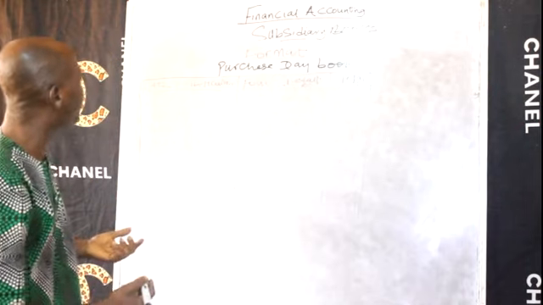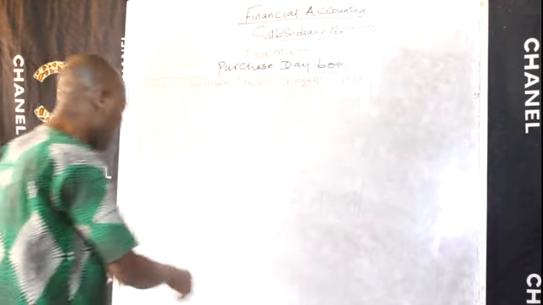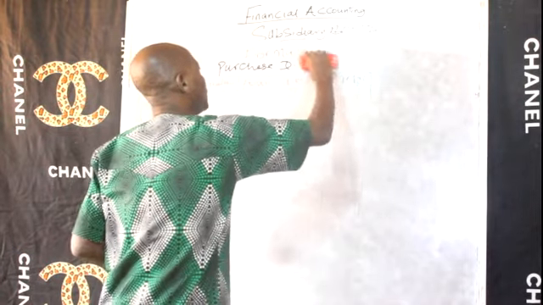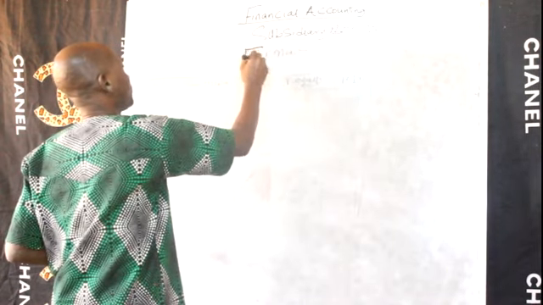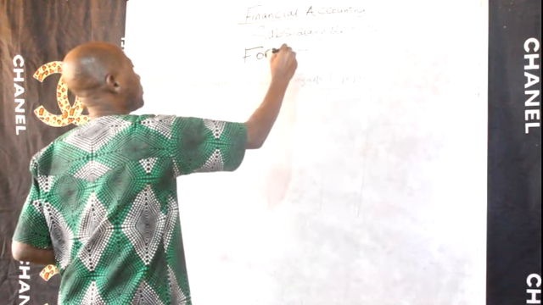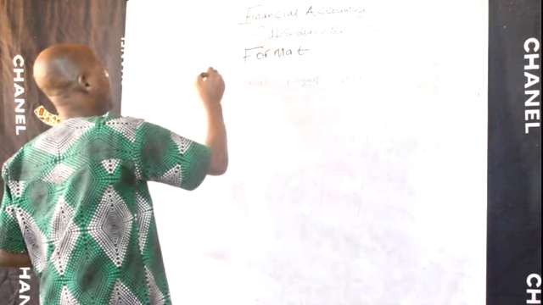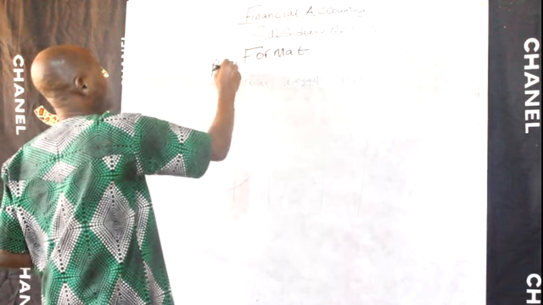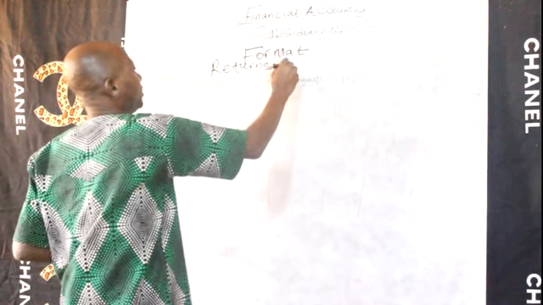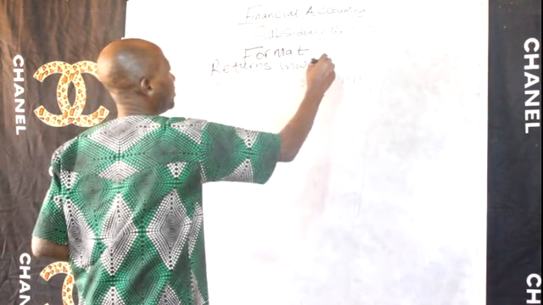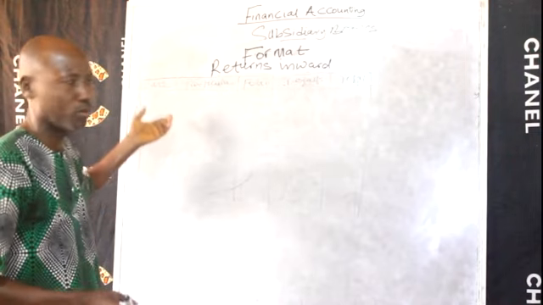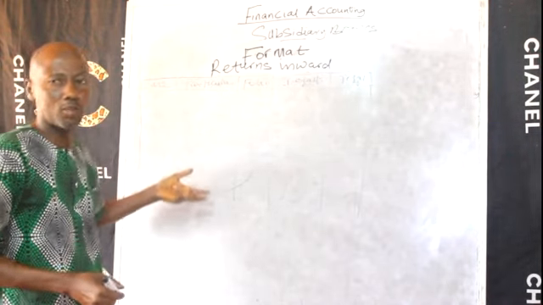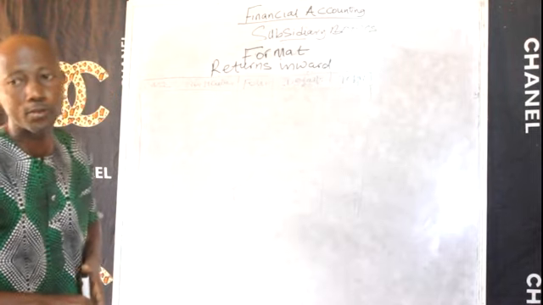If you are to open a returns inward book, you change the title, and you write your date, particular, folio, details, and amount. You write returns inward as your title. Even if it is returns outward, you write returns outward. It is only the format of the cash book that is different.